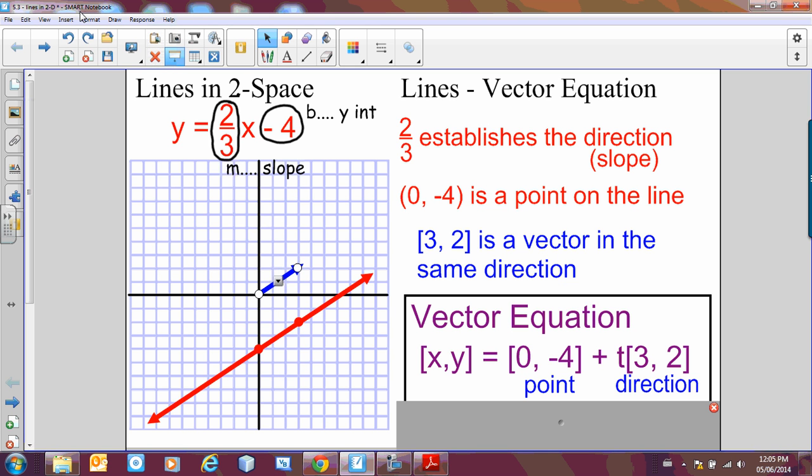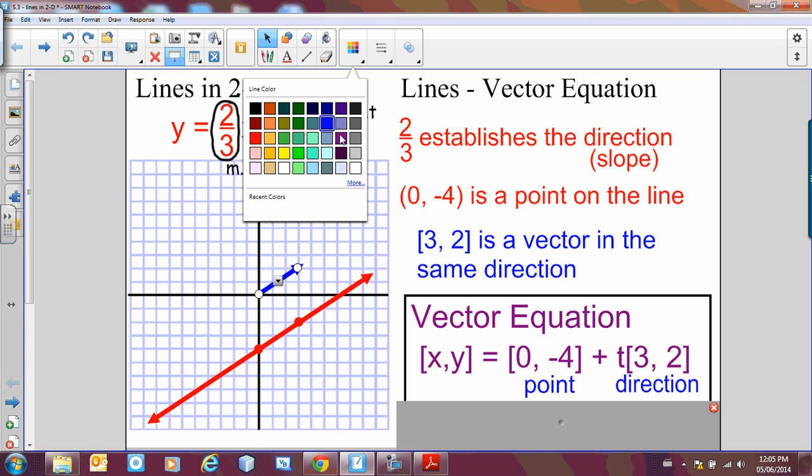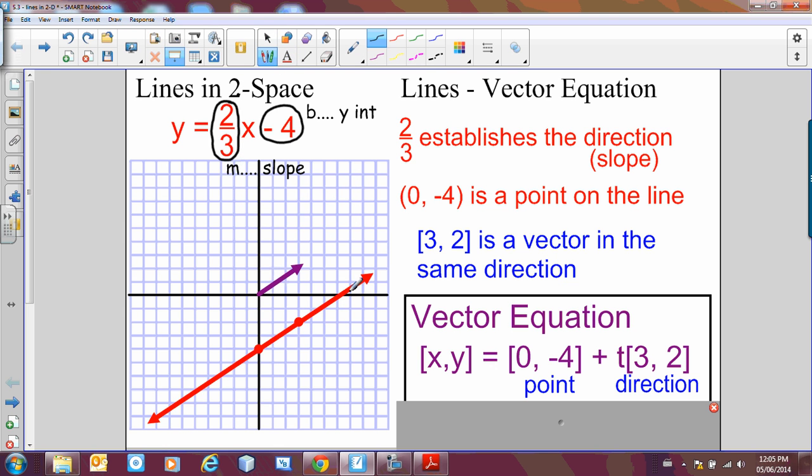Right away when you look at this vector equation, the first thing that jumps out at you is probably that I've got a vector notation here for something that I'm calling a point. Without getting into it too deeply, the idea is that if I have some random point on the line, let's take this point right here, and we'll call it the point x, y.